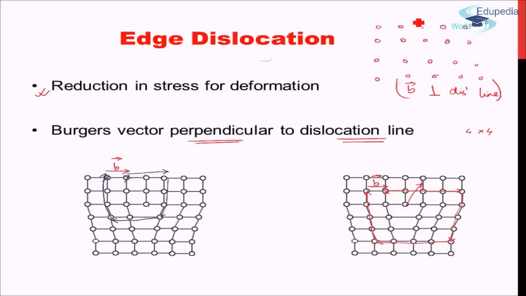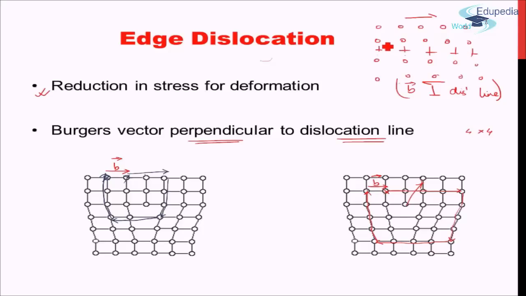Now if we apply a shear stress, if we want to basically shear and move the atoms apart, that is, if we want to deform the material, then what we have to do is break all the atomic connections, isn't it? You have to break this connection, this connection, this connection, all the pair-to-pair connections in one particular plane.